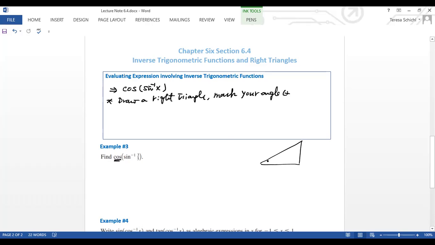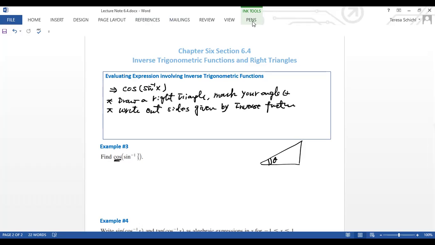Okay, I'm going to mark this as the angle theta. And then write out the sides given by the inverse functions, right?